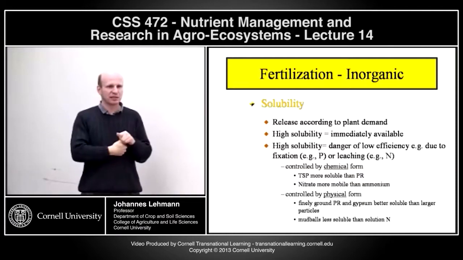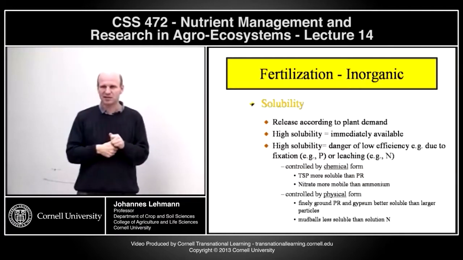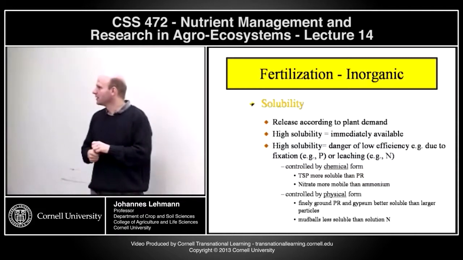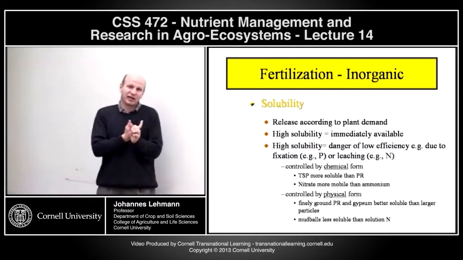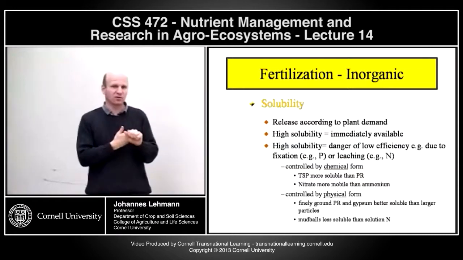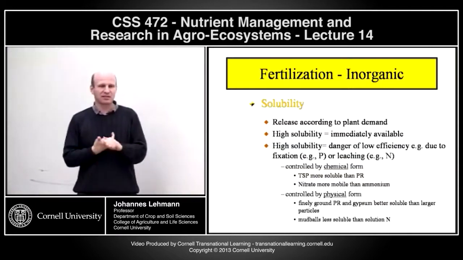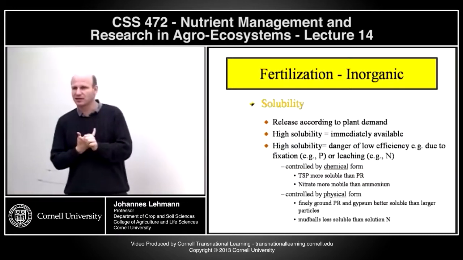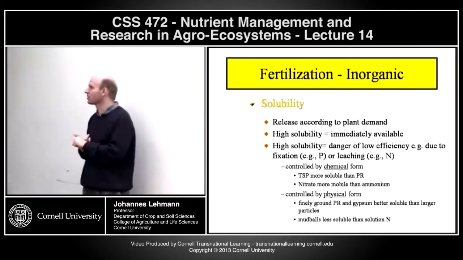Available means being in soil solution, because that's where the nutrients are taken up from by the plant, or available to microorganisms or adsorption. That means they're being fixed or immobilized, and that's also something that we don't want.